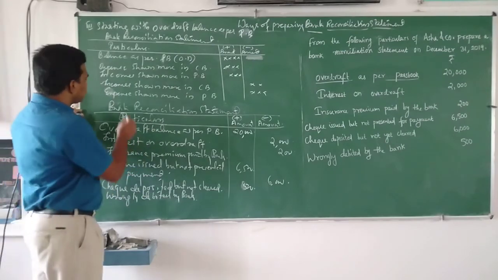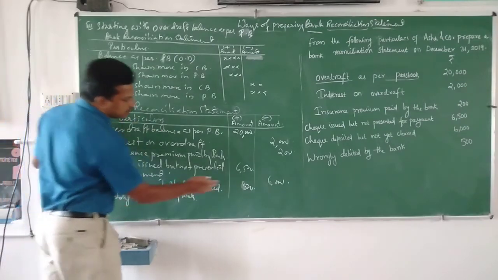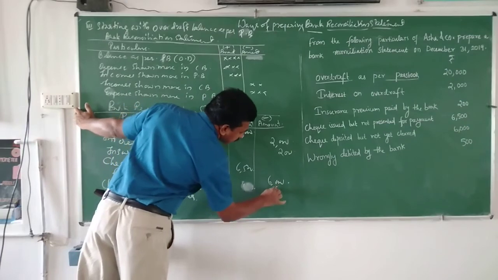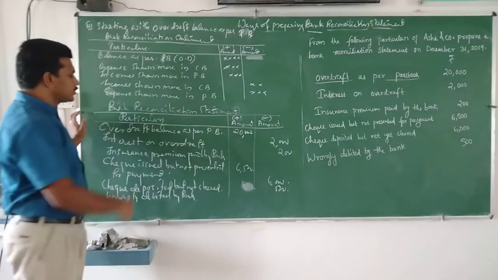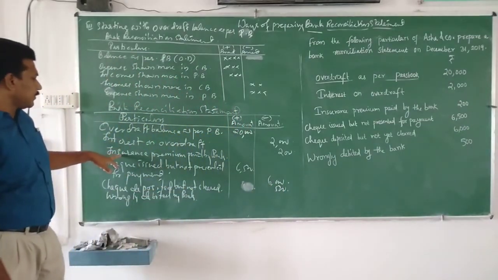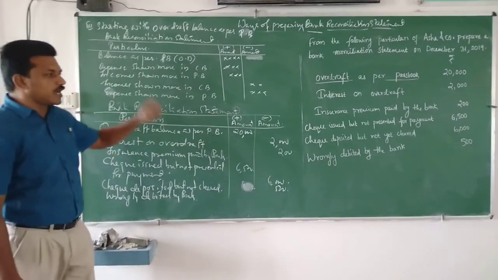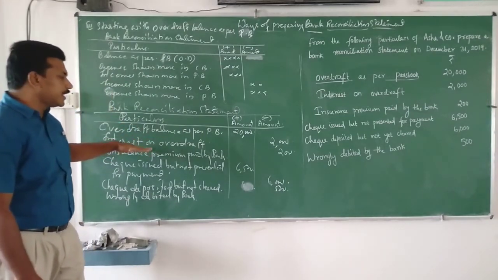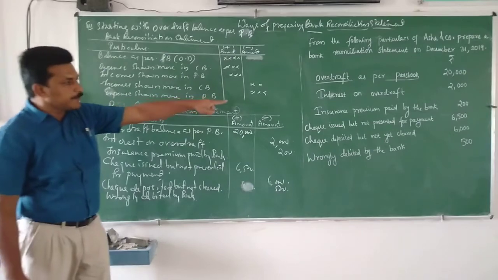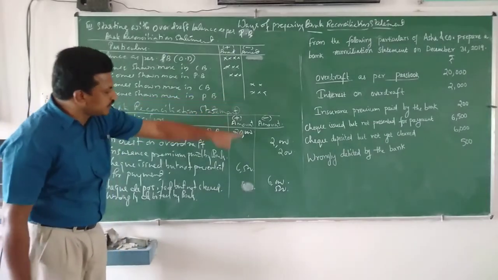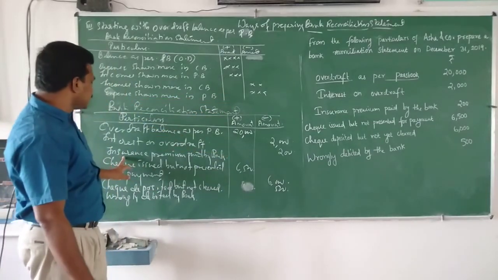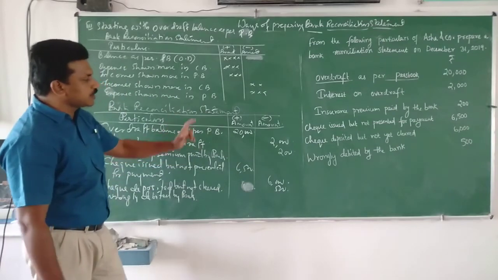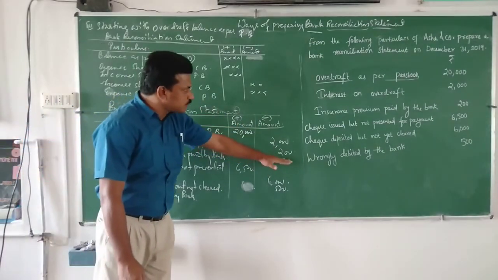So expense shown in passbook should be on the credit side. Once again let us see. Insurance premium paid, interest on overdraft. Interest on overdraft is expense. Expense shown in passbook should be deducted. Then insurance premium paid, that also is expense shown in passbook, deducted.